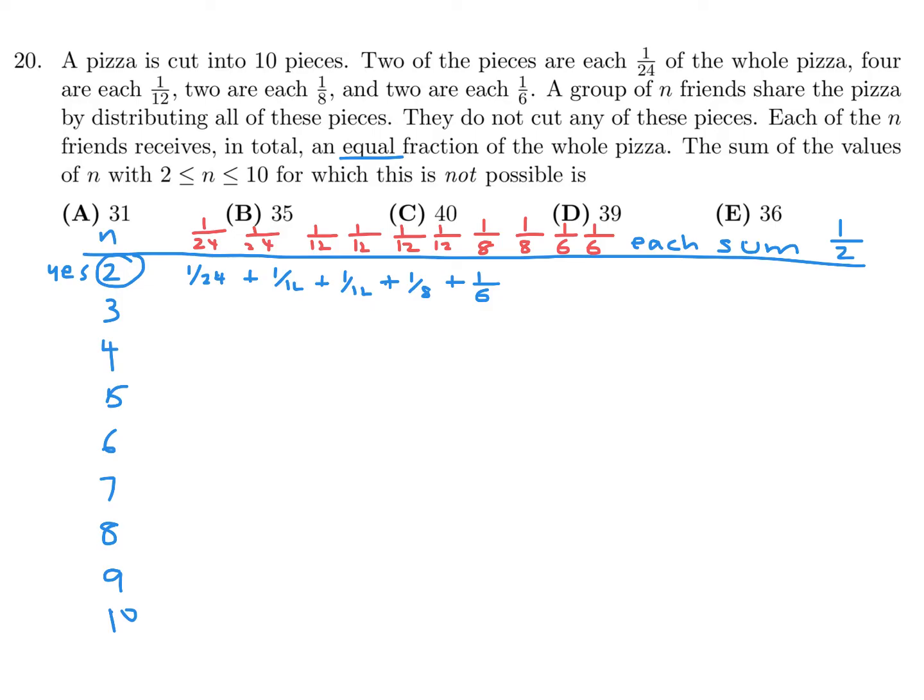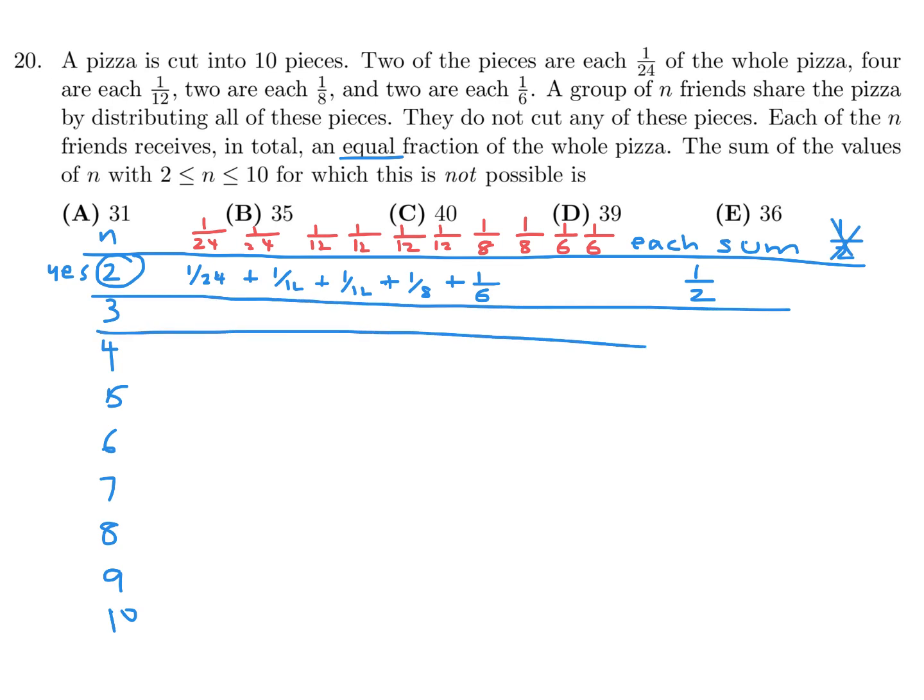How about 3? When n is 3, I'm making a table, right? So when n is 3, each person would get a third. Is a third possible? Yeah, it is. One person would get the 2 1/6s.